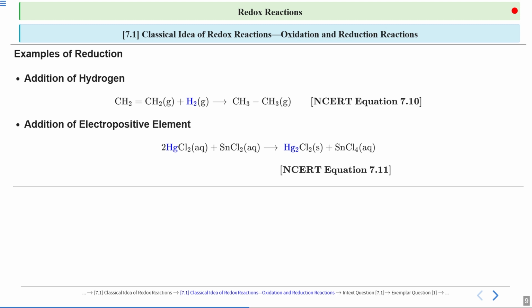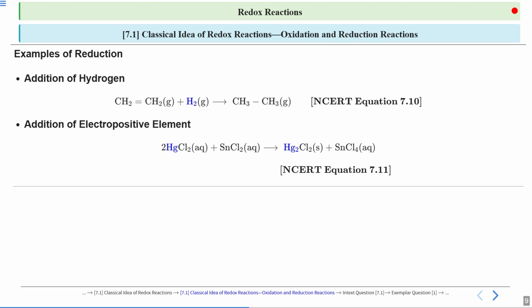So in the reactant, in HgCl2, there is only one Hg if I consider an unbalanced chemical reaction. Now in the product, you will find that there are 2 Hg atoms. That means an addition of an electropositive element has occurred. So now obviously we have to balance the reaction. To balance this, we put 2 HgCl2 plus SnCl2 giving Hg2Cl2 plus SnCl4.